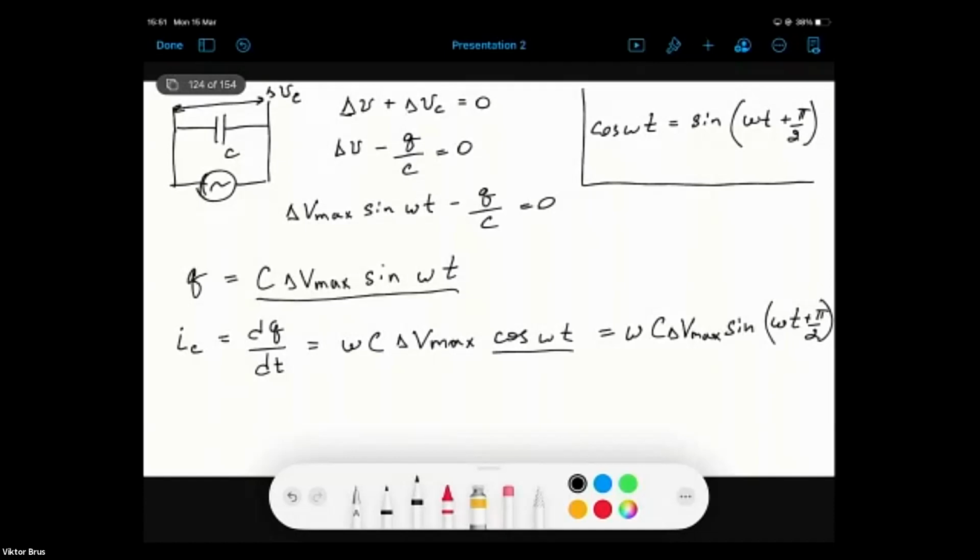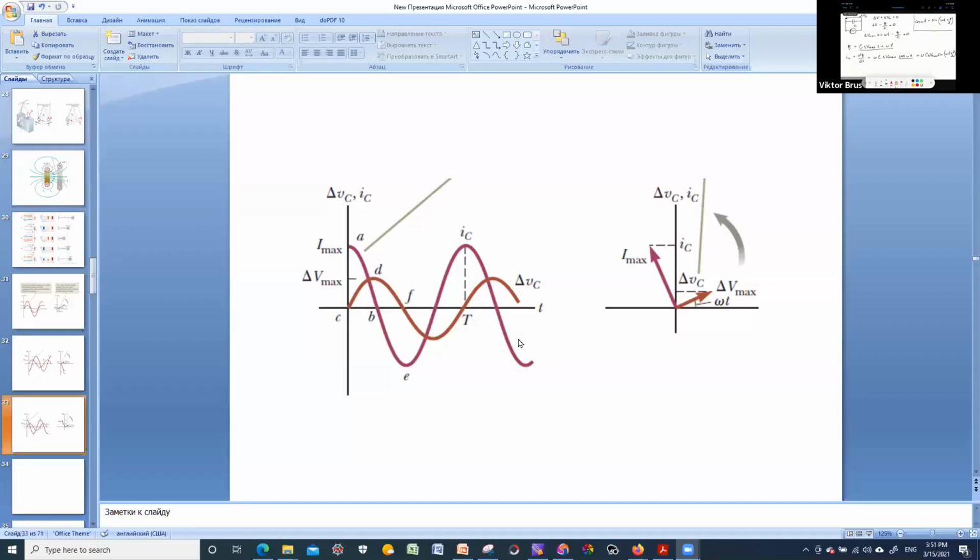But in contrast to the previous case, when current was lagging behind, now current is leading the voltage. So this can be seen here on this slide. So we have current reaching its maximum already 1/4 of a period earlier than it happens for the voltage drop over the capacitor.